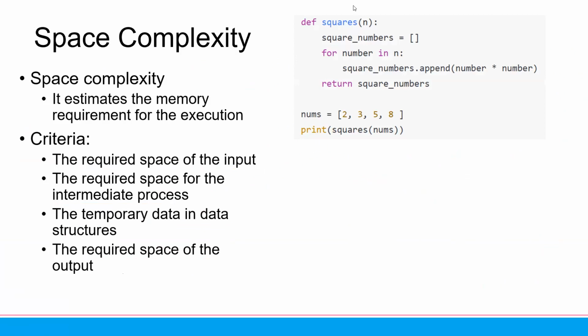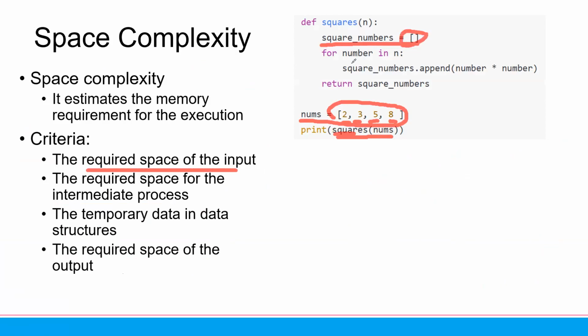If we look at the input, this will be the input, and we want to run the function squares. So for the input, we have 4. When we run squares, we go to the first statement. The first statement, square numbers, is empty.